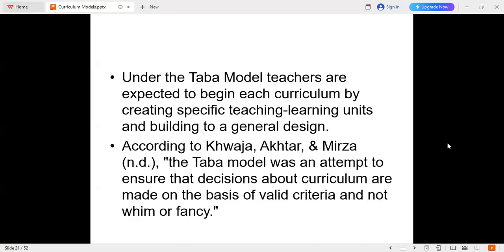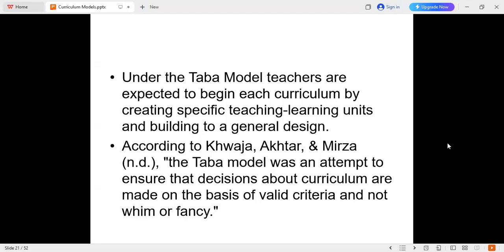According to Khawaja, Akhtar, and Mirza, the Taba model was an attempt to ensure that decisions about curriculum are made on the basis of valid criteria and not whim or fancy.